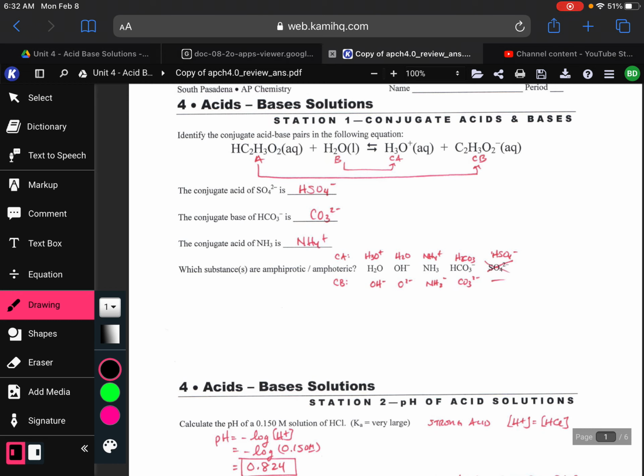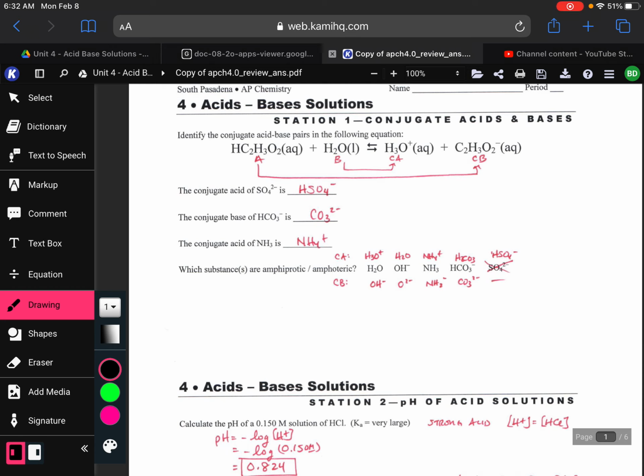The amphoteric deal is you being able to tell that it can be both an acid and a base. And so when you're looking at these, if it has a hydrogen, it can act as an acid. So the one that can't act as an acid is the SO4 2-.